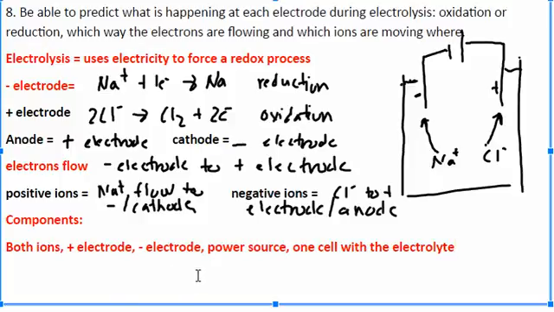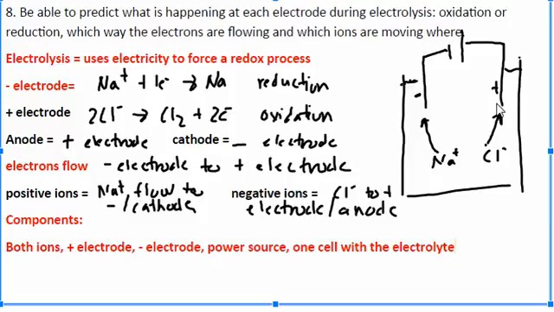So what's different from the voltaic cell is there's only one cell instead of two. You have a voltmeter instead of a power source because in a voltaic cell you're creating electricity and you're measuring the amount of electricity or voltage you're creating. And there's no need for a salt bridge here. One thing I should have mentioned on the voltaic cell then is the ions flow to the same. Here, the positive ion flows to the negative and the negative ion flows to the positive.